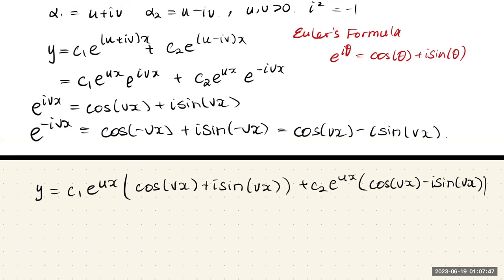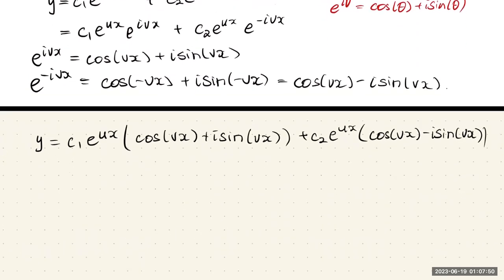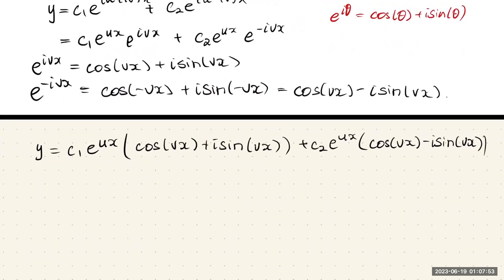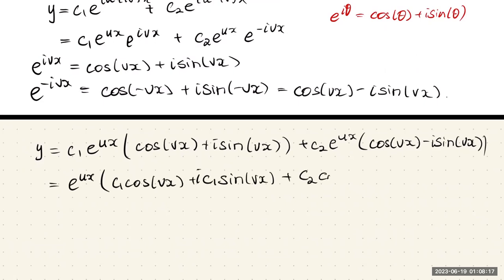Here I'm going to be expanding things a little bit. I'll keep the e to the power ux factored. That means I would have C1 cos vx plus iC1 sine vx plus C2 cos vx plus, or minus, iC2 sine vx.